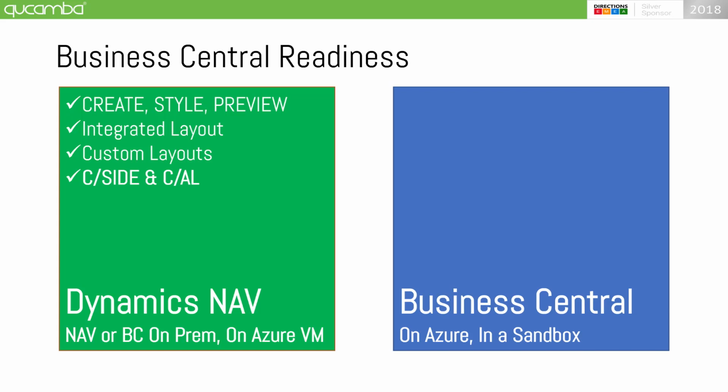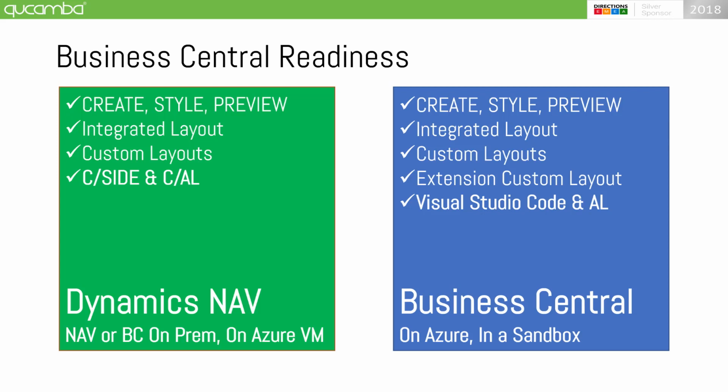On the other hand, the blue tile represents a Dynamics 365 Business Central setup, which allows you to create, style and preview integrated layouts, custom layouts, and a new layout type which is special to Business Central, the extension custom layout, which is a layout that resides in the extension's development workspace and it's shipped along with your app.